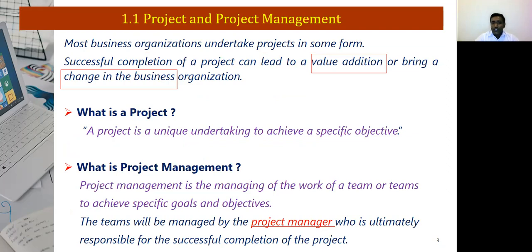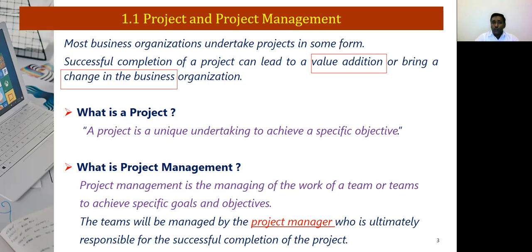A project is a unique undertaking to achieve a specific objective. Examples could be implementation of an ERP system, or for example, 2022, that is next year, where FIFA World Cup is going to take place in Qatar, where the city would be getting ready with the infrastructure and stadium. The project can be of short term or long term, depending on the business requirements.